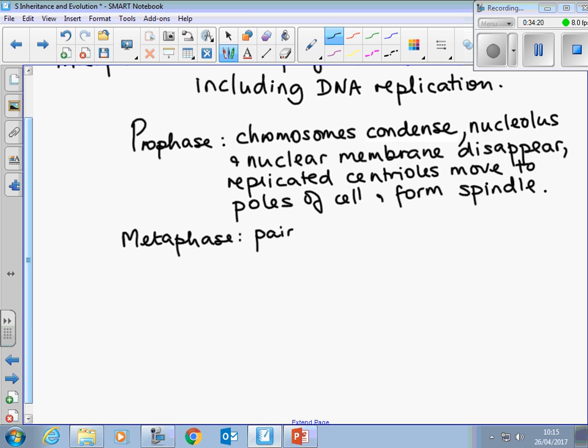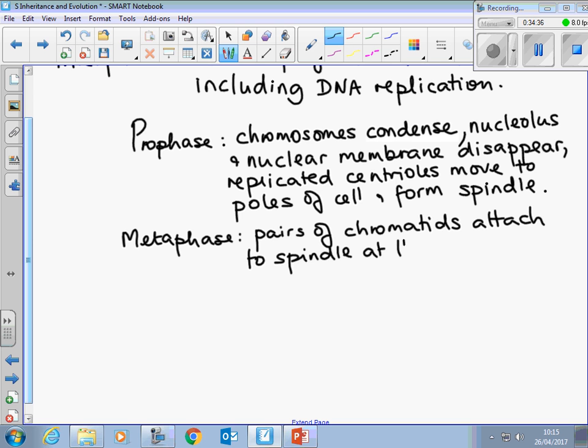Pairs of chromatids attach to the spindle at their centromeres. Keep that simple. Prophase is the trickiest one to remember all the bits of.